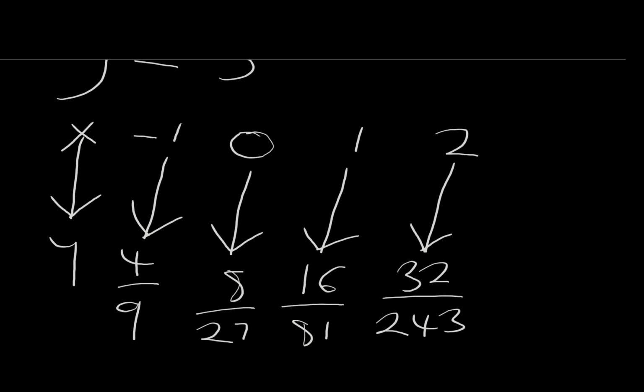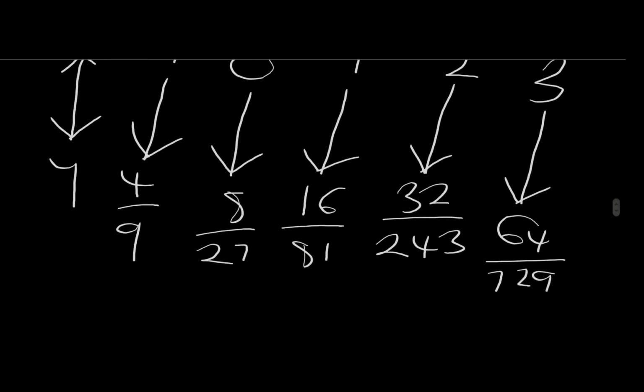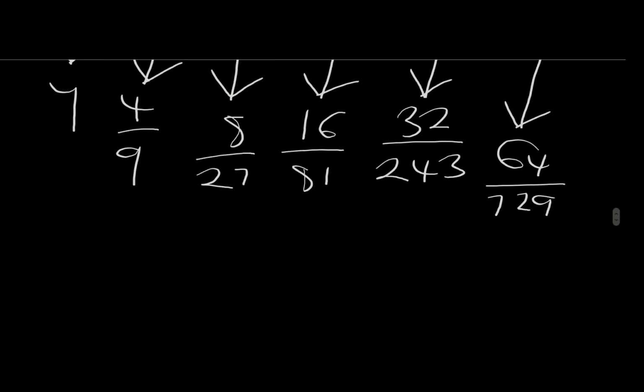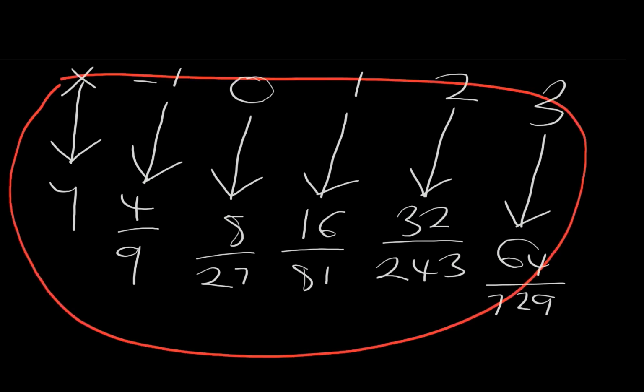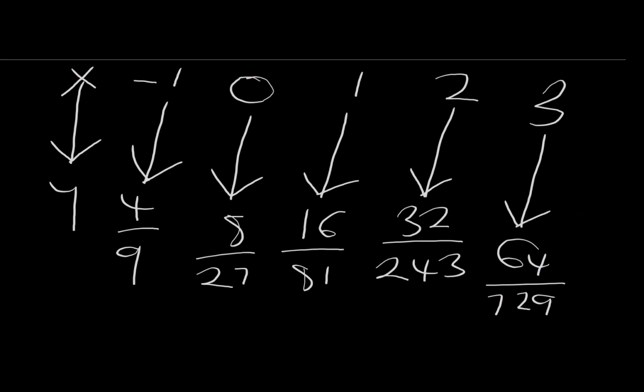And lastly, 3 mapped to 64 divided by 729. Now, we want to find the rule for this mapping. So first of all, let's determine if this mapping is an exponential mapping.